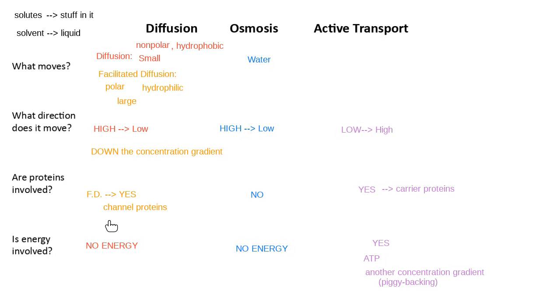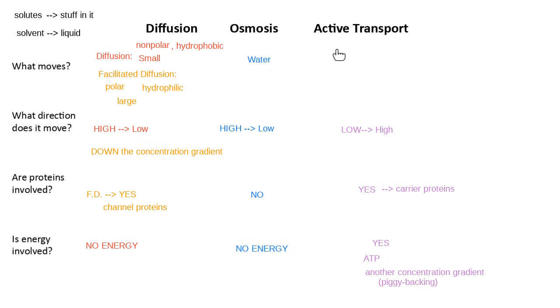These could be leakage channels that are always moving things from high concentration to low, or they could be gated channels where I only occasionally move things from high concentration to low concentration. But either way, when we're doing facilitated diffusion, we use channel proteins. When we're doing active transport, we use carrier proteins, where we have to attach to what we're transporting.